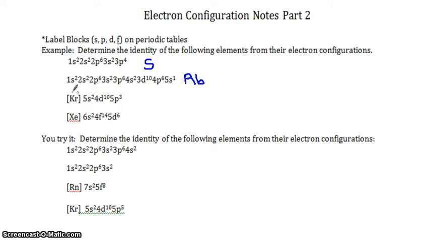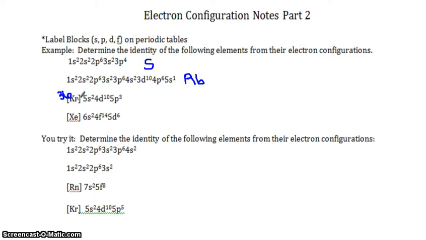Now, if you have a configuration here, this is kind of a shortcut way. It's called a noble gas configuration, because in this first bracket, you'll see a noble gas, which is an element from group 18. So in this case, we see krypton. Now krypton is number 36 on the periodic table.